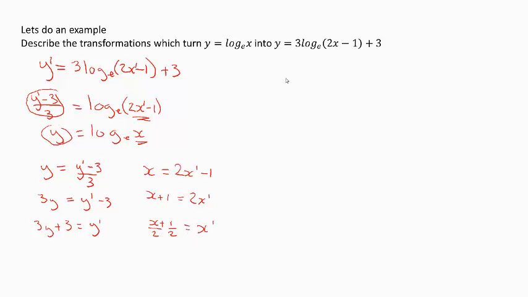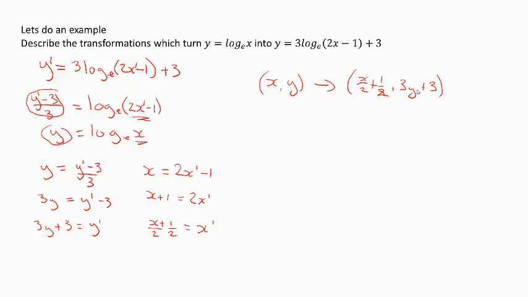What does that mean? That means that for every xy point on the old graph, the x has become a half x plus a half, and the y has become 3y plus 3.